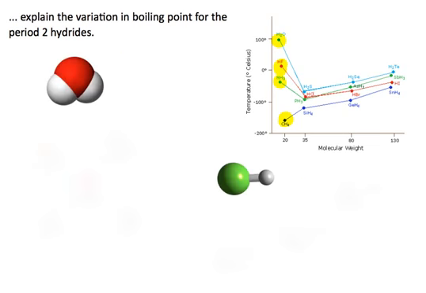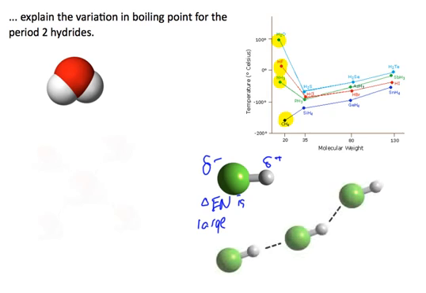Well, how about the last two? Well, let's talk about hydrogen fluoride first. So hydrogen fluoride, again, is quite polar. Delta EN is large, and so it's going to form hydrogen bonds. The point about hydrogen fluoride is it only forms one hydrogen bond from each of its termini.